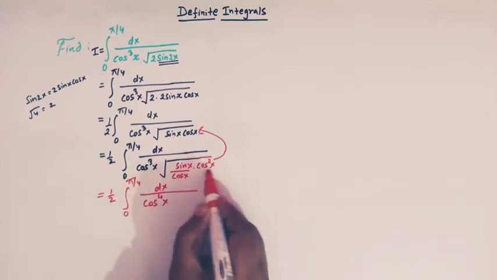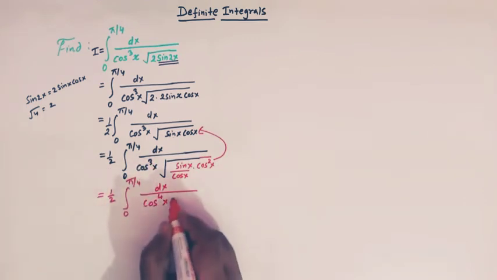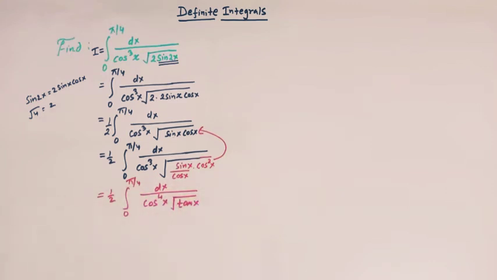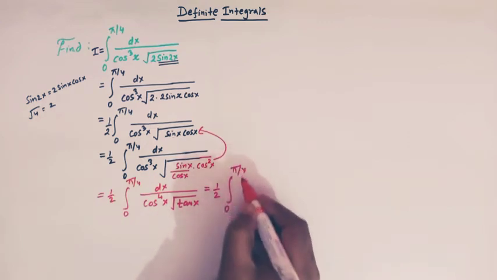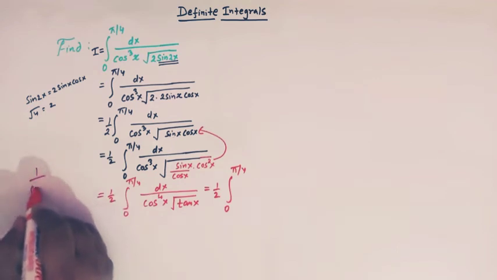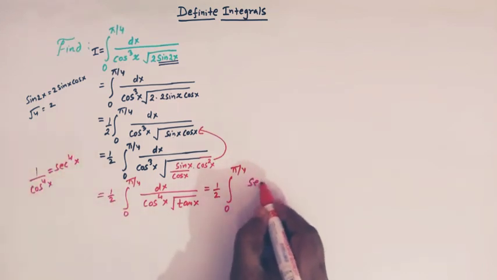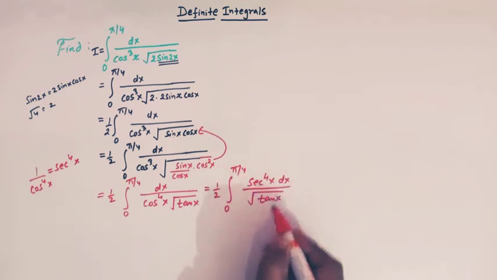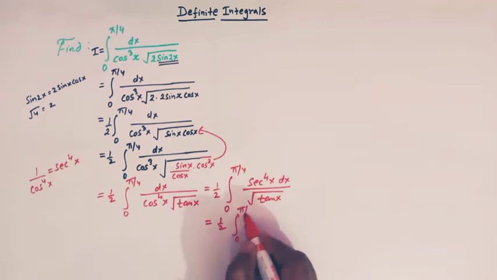One term, cos x, comes out of the square root sign, and that term gets multiplied with cos cube x, so we have cos to the power 4, and here we have the square root of sine x over cos x, which is tan x. Now we write half, then the integral from 0 to pi by 4, and 1 over cos to the power 4 is sec to the power 4, so we have sec^4 x dx, and the square root of tan x.